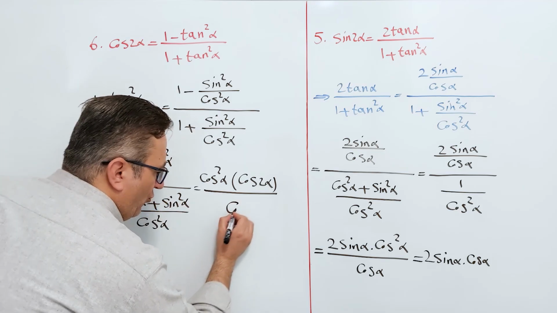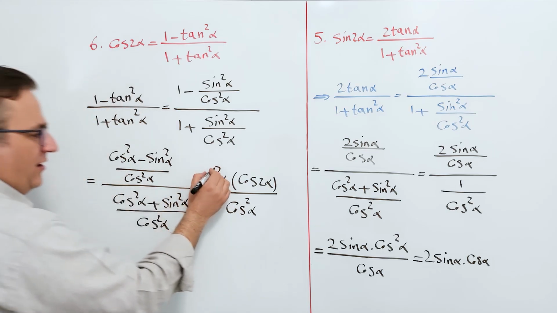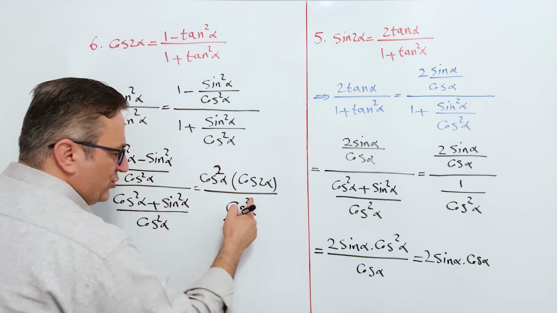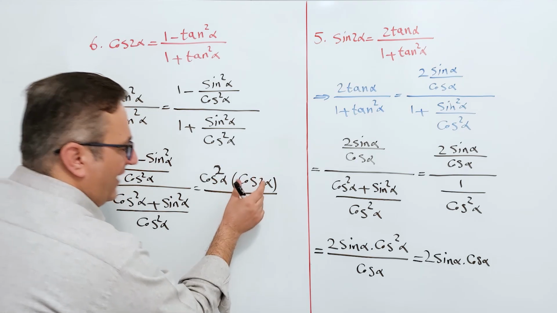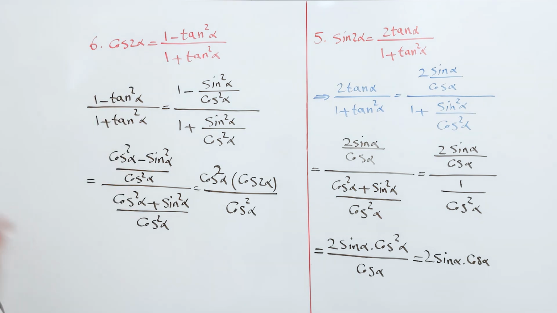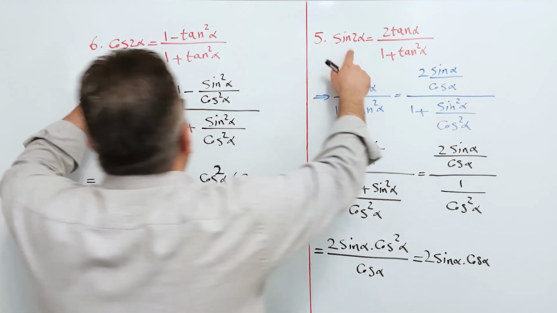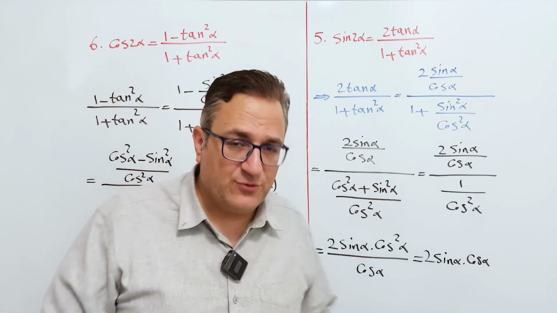We have cosine squared alpha and cosine squared alpha, they cancel out, and we have cosine 2 alpha. And these two formulas are very, very important and very useful.